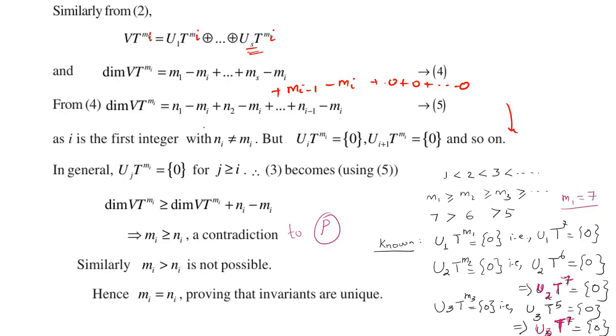So dimension of Vt power mi, up to only from ni is not equal to mi. So that means from 1 to I minus 1, n1 is same as m1 and so on, ni minus 1 is same as mi minus 1. So because of that only we are getting this step.